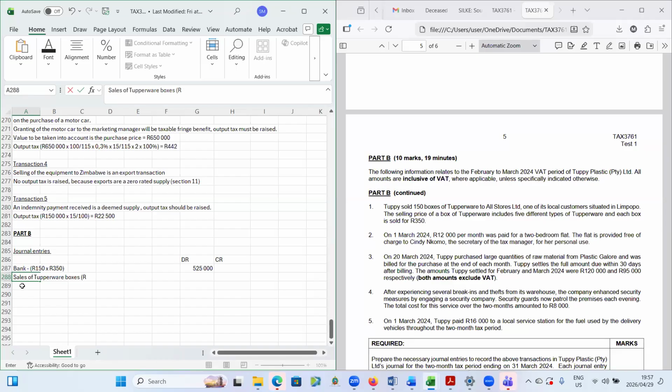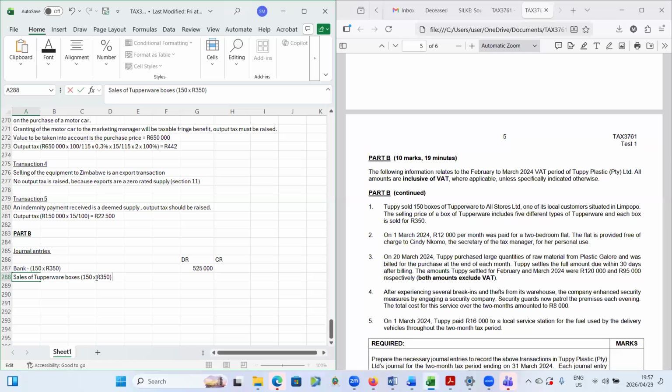So what we have, remember, output tax must be shown on its own. Remember, output tax has got a credit entry. So we are going to say 150 boxes multiplied by 350.